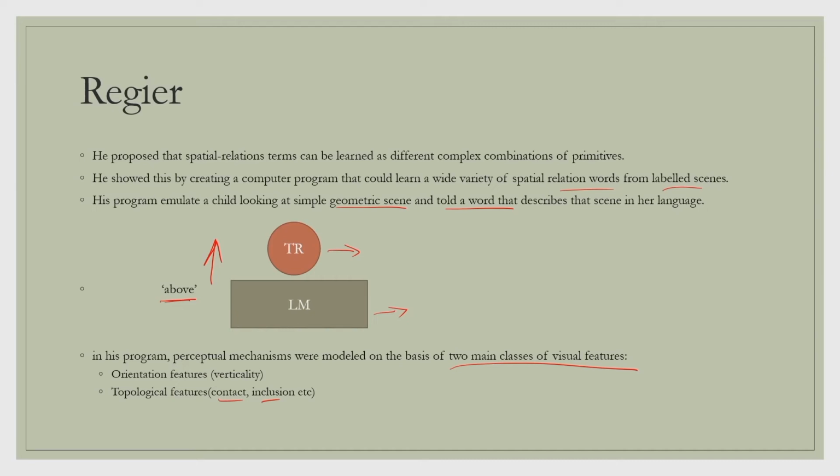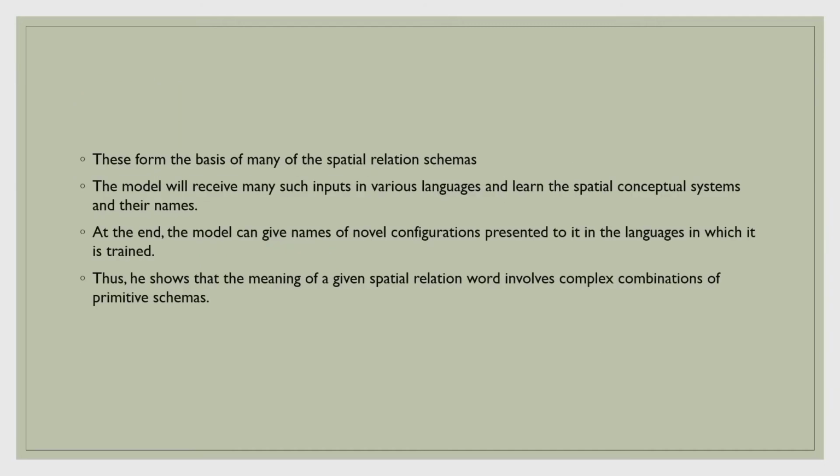He utilized these two classes of visual features and had various arrangements, and he had many subjects, people from many languages, who came and looked at those objects and spelled out what it is. The computer started and learned, and gradually it received many such inputs from various languages.